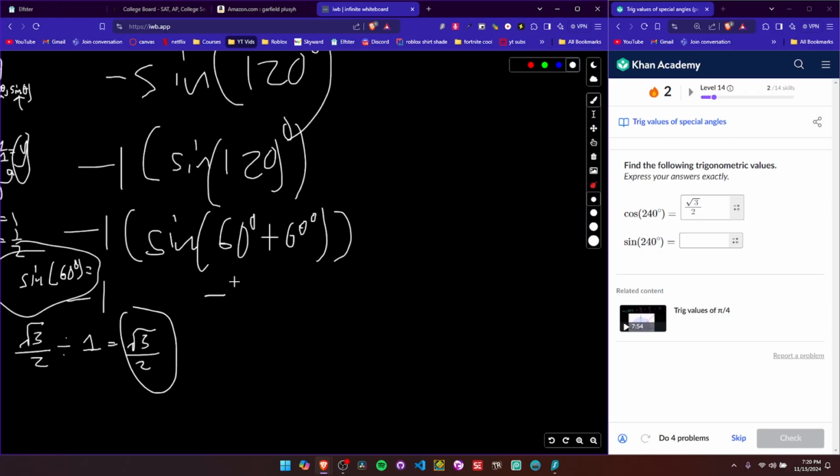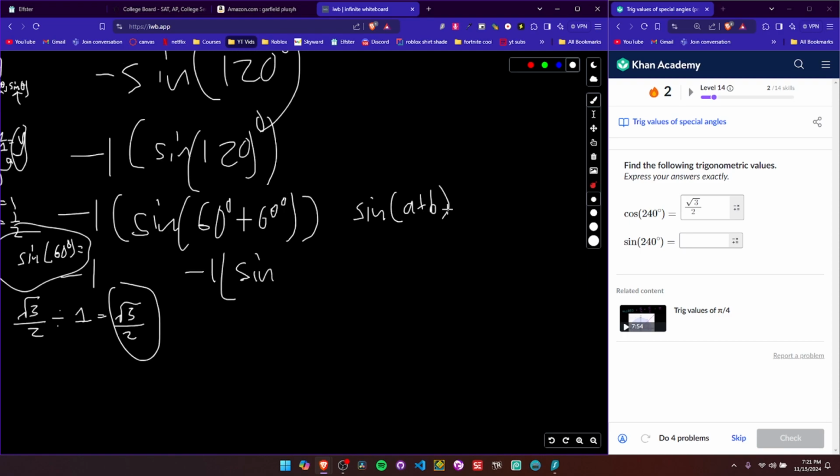So you might be wondering, how does this tie in? Well, we can say that this is -1 times sine of, and we have to actually use a different formula for this. We have to use the sine of a plus b formula instead of a minus b. Sine of a plus b equals sine a times cosine b plus cosine a times sine b. The difference here is that you're adding these together, not subtracting.